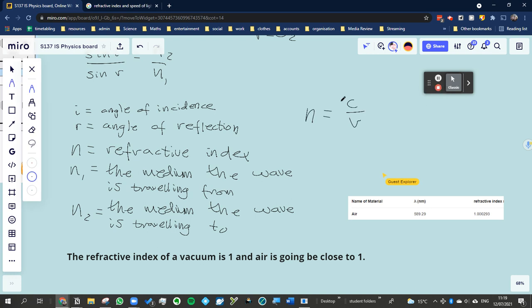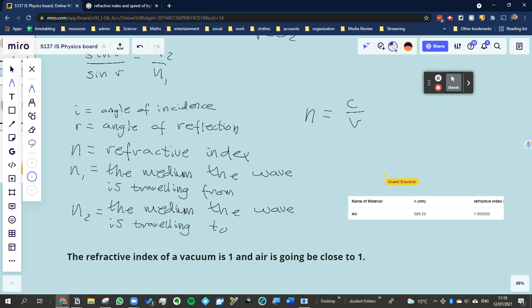The symbols are specific to light, but it can be applied to all waves. The refractive index can be defined as the speed of light in a vacuum divided by the speed of light in that particular medium.